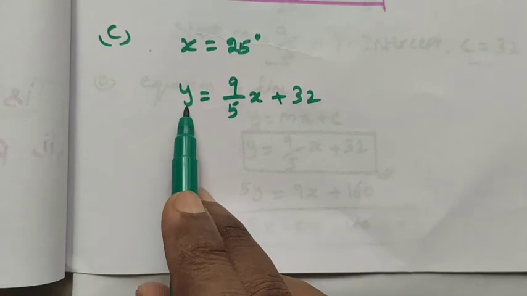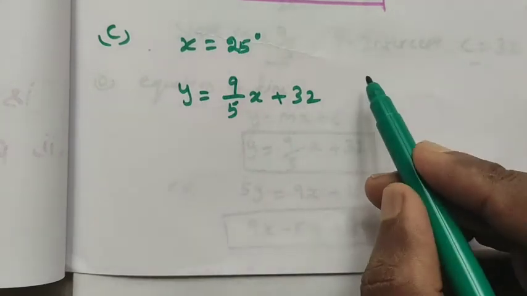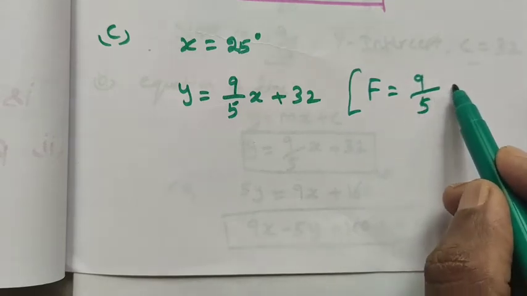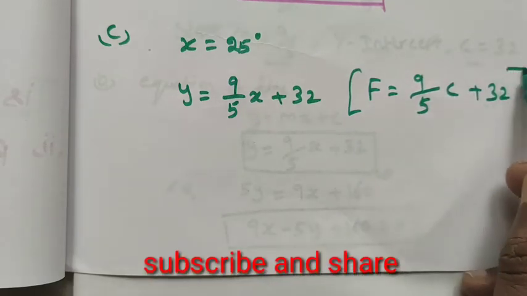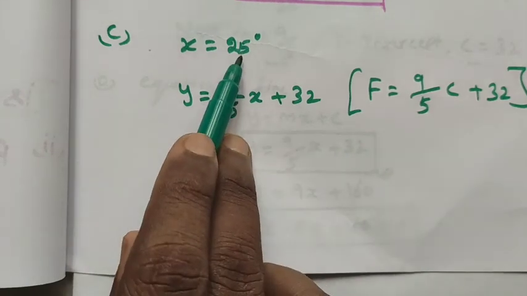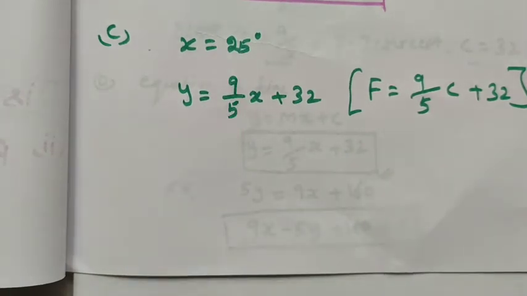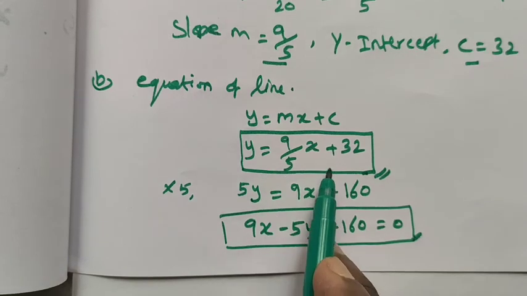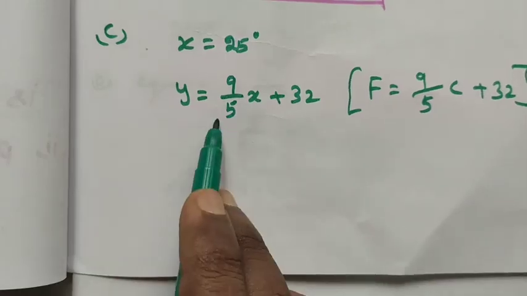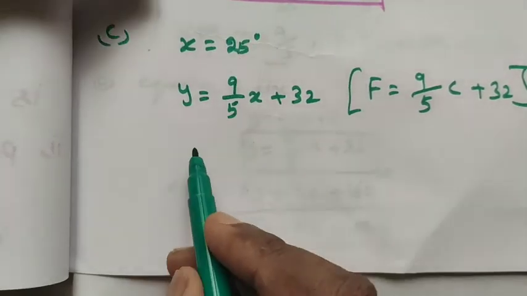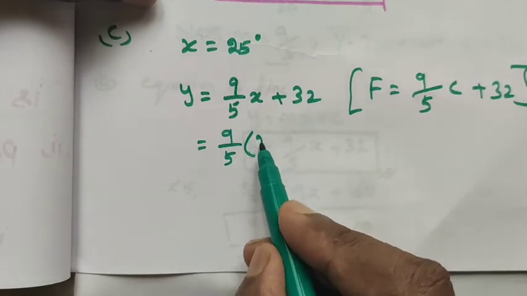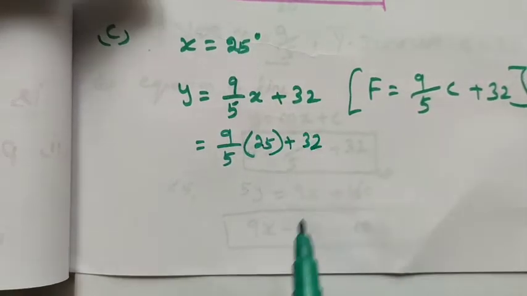In physics they use F is equal to 9 divided by 5 into C plus 32. Here we are using y and x, the same formula, right? Now the x value is already given. Applying that x value in this equation: 9 divided by 5 into 25 plus 32.